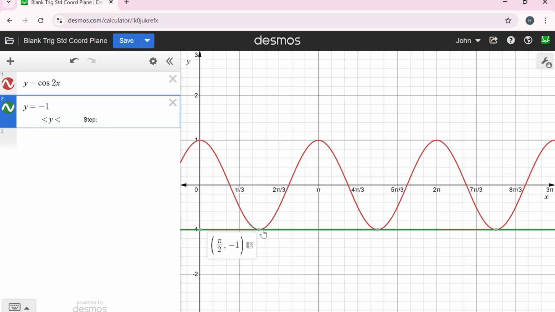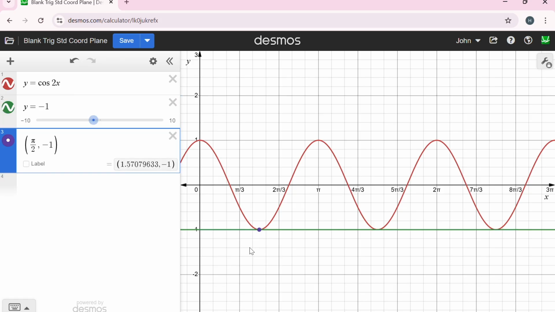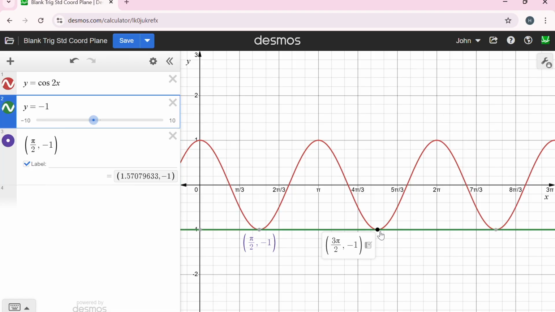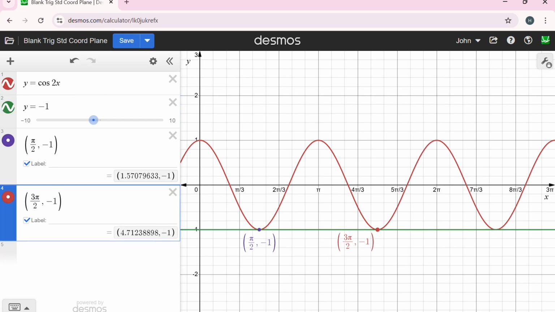And then let's define this within the same domain, 0 to 2 pi, and here are my intersection points. 2 pi, so this is beyond there. So your solutions are pi over 2 and 3 pi over 2.